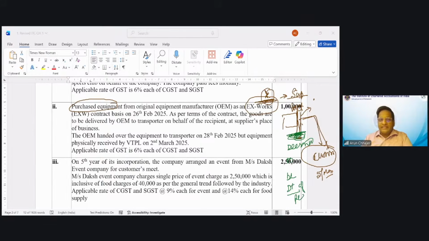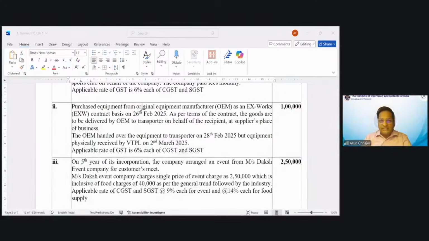So in this example, if the goods were removed on 26th Feb, equipment has been handed over on 28th Feb.